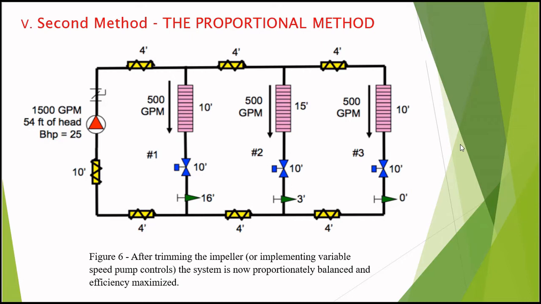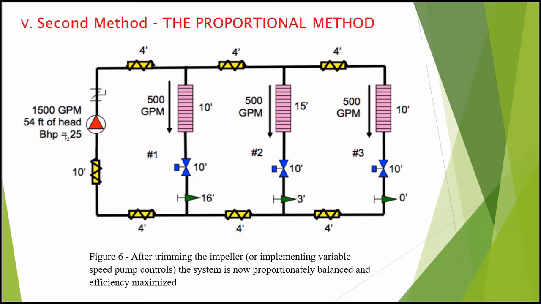All zones are proportionately balanced in this circuit, and we actually dropped our brake horsepower to 25 brake horsepower. We dropped it to 25, which is an improvement over 36 brake horsepower as a design parameter in the beginning of this circuit.